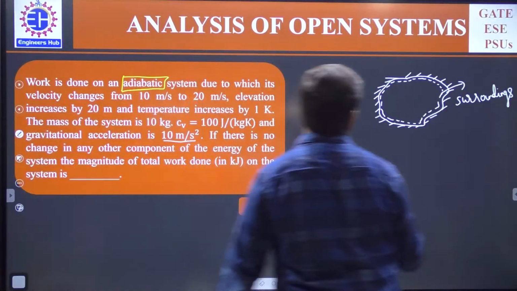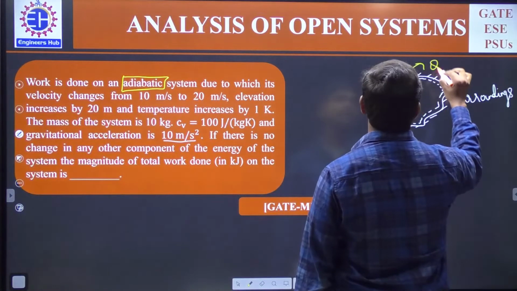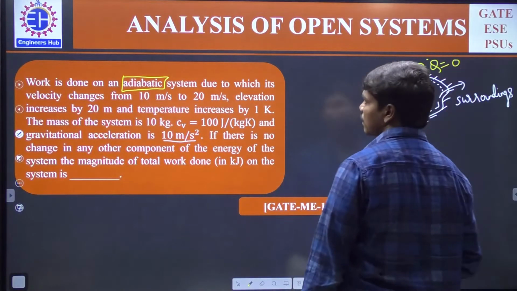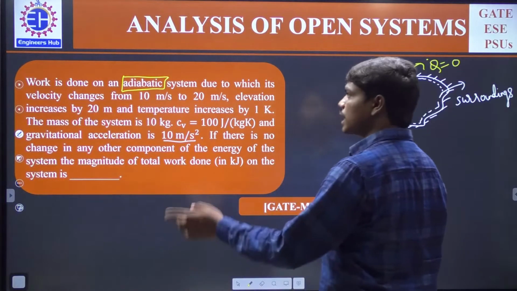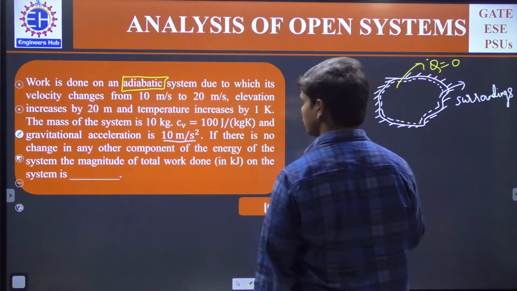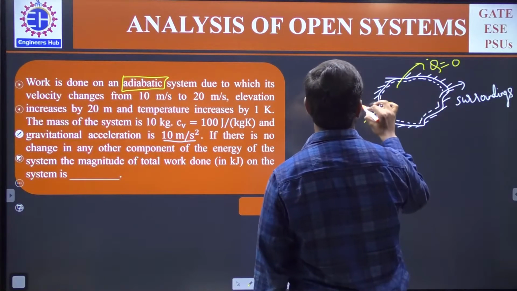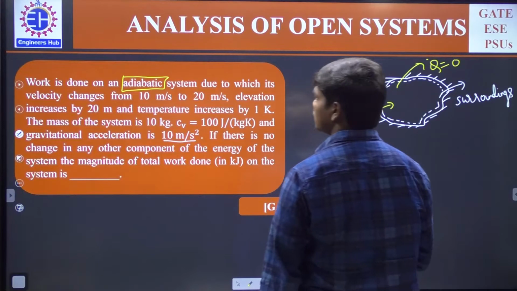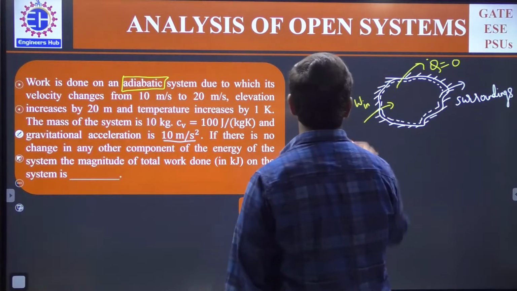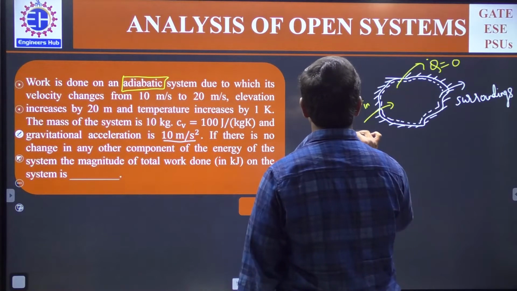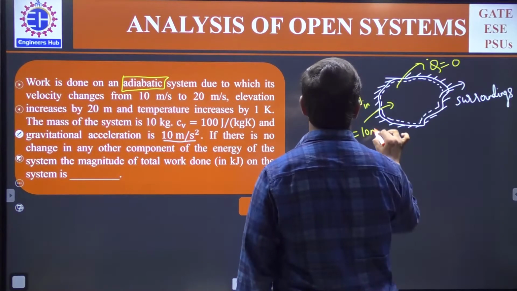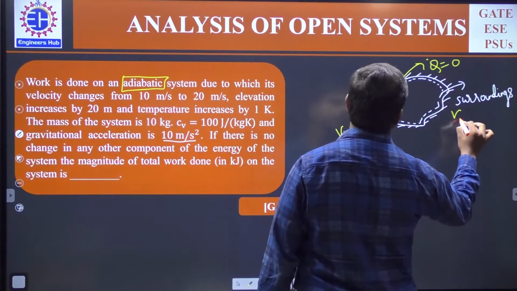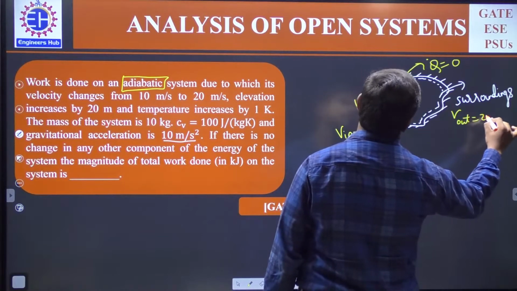If this is adiabatic, heat interaction is 0, not allowed. Okay, work is done on the system, so there is some work input to the system. Okay, velocity changes. V inlet is 10 meters per second, and let us suppose V outlet is somewhere here. So V outlet is 20 meters per second.